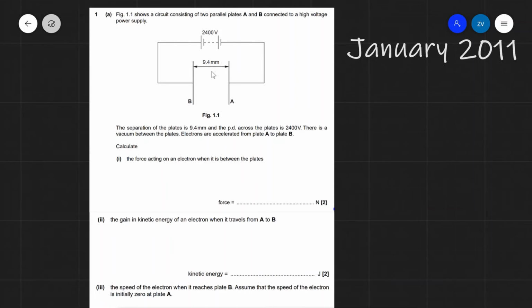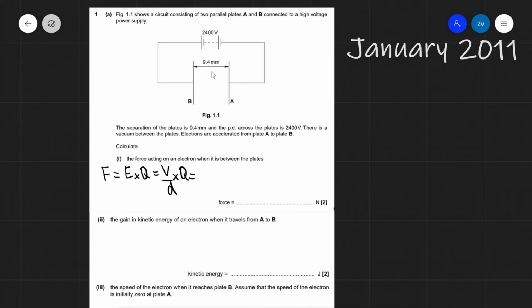We also know the plate separation. So the electrical force is equal to the electric field strength multiplied by the charge, and the electric field strength, because there will be a uniform electric field between the plates, will be equal to V over d times the charge.